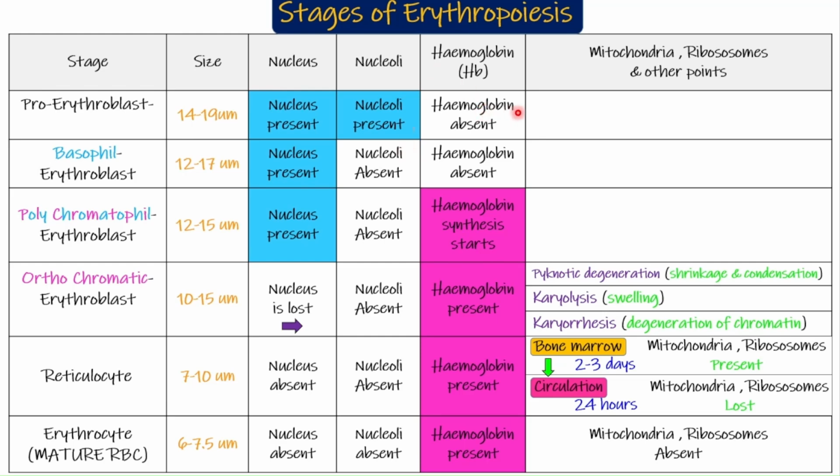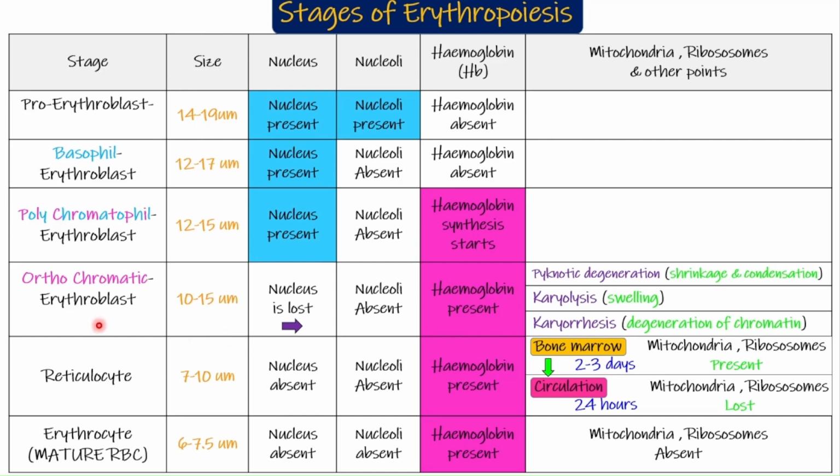Before that, in some books, even the Guyton, it is written that hemoglobin does appear to some extent, but it is not being stained. Okay, so the nucleoli is only present in the first stage, and disappeared in the second stage, the basophil erythroblast. Whereas the nucleus disappears in the orthochromatic stage. Okay. And then we have hemoglobin present in all the stages, and nucleus is absent in all the stages.